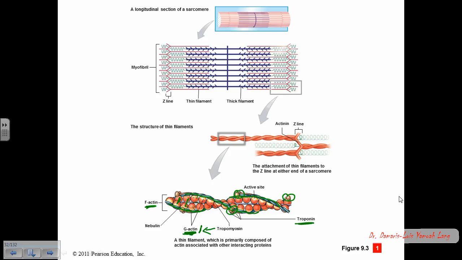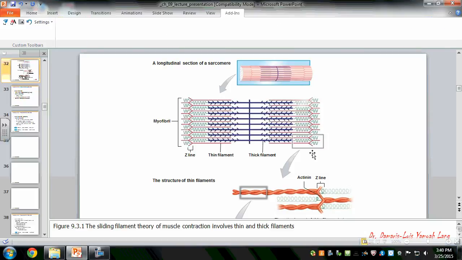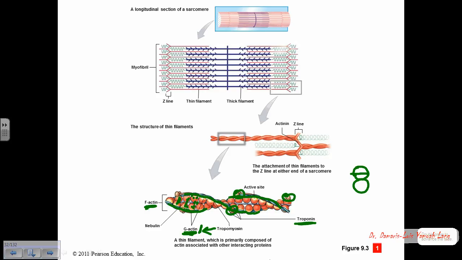And then the F actins are the other ones that are not being covered. Does that make sense? So if you look at it, it looks something like this. Okay, so you see the insides here. Let me just clean it.